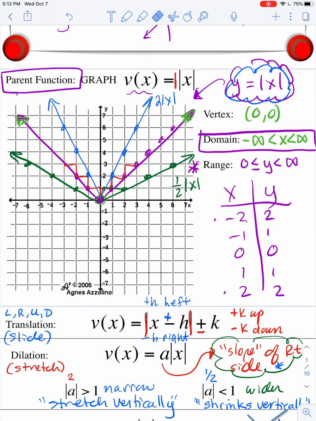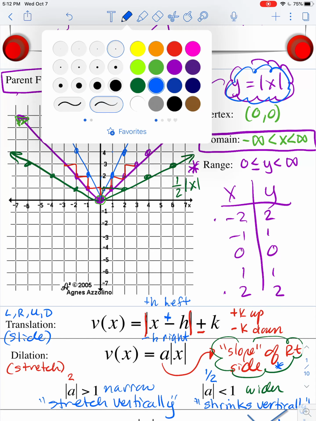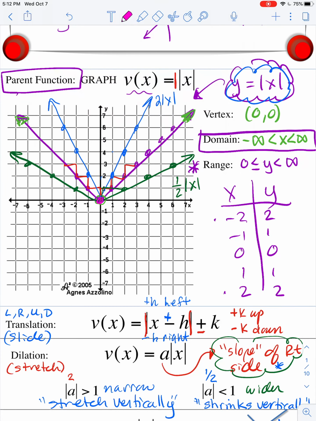So if I use my previous methodology of thinking of that as the slope of the right side, then I would start at my vertex and I would go down 1 over 1, down 1 over 1, and so on, because that would have a slope on the right side of -1, because that is the A value.